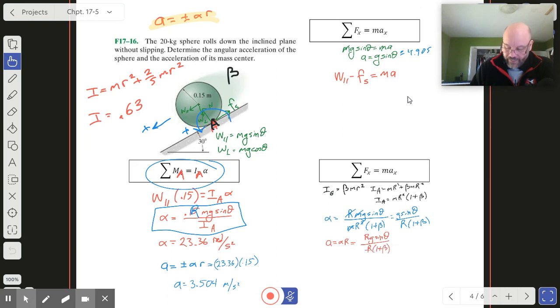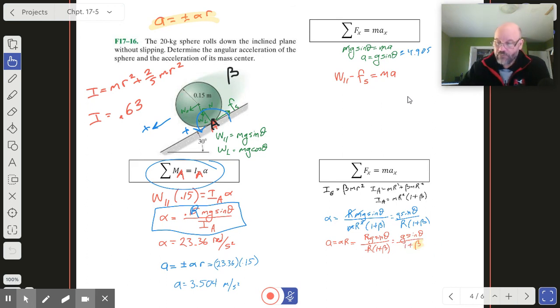The r's are going to cancel, and I'm left with g sine theta over 1 plus beta. And so we could put in beta of 2/5, and we're going to end up getting the acceleration we had before, 3.504. But it's kind of a cool trick, and allows us to see what's the effect of different beta values when we do this.